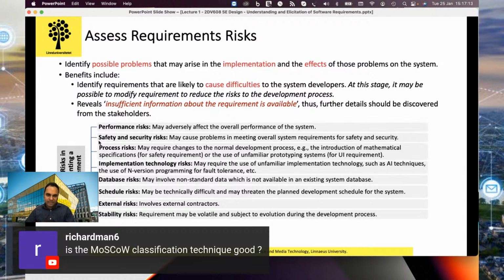Based on this risk assessment, you can either include or exclude requirements in your release plan. Also, similar to priority, adding numerical values as a risk could be not very straightforward and easy. So it's better to use categorical values like high, medium, or low.